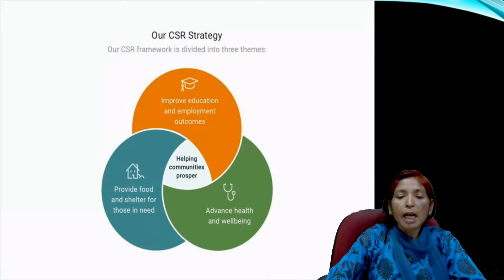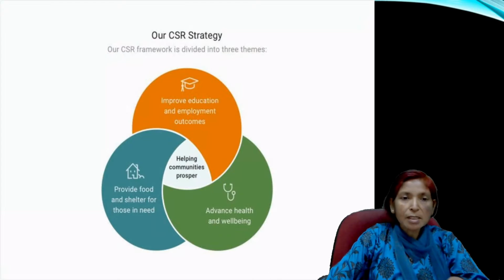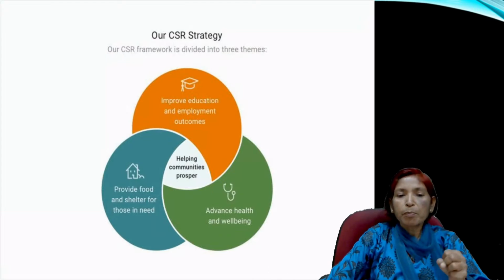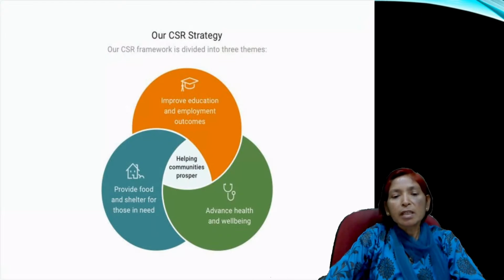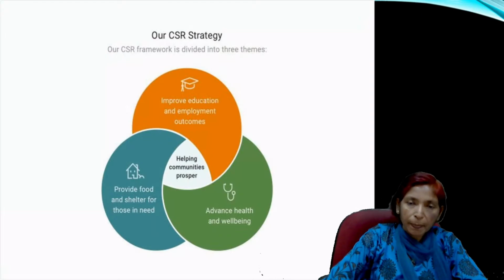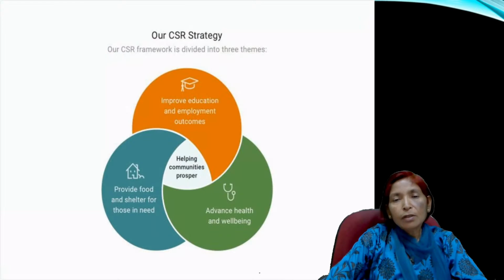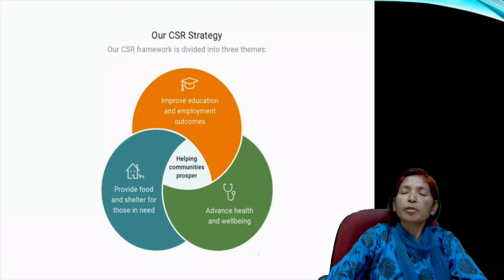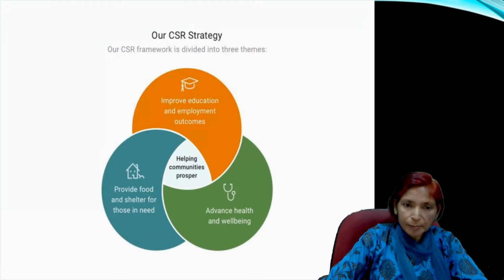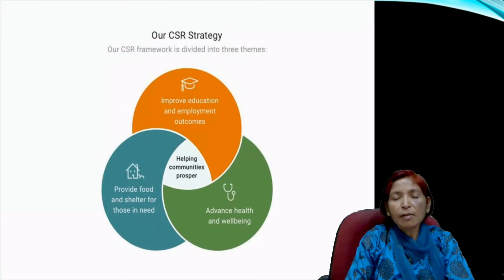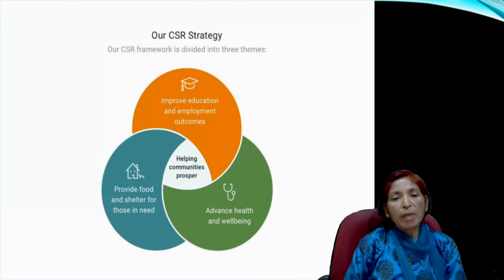And third is advance health and well-being of the country's people. All these three themes are based on helping communities' prosperity. It means we should help the whole community for their well-being, prosperity, and betterment of life. So the CSR framework includes three main themes.